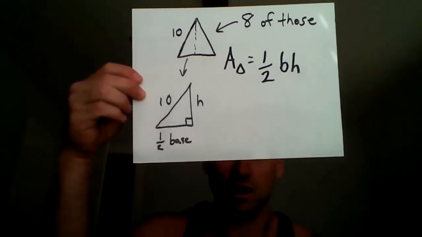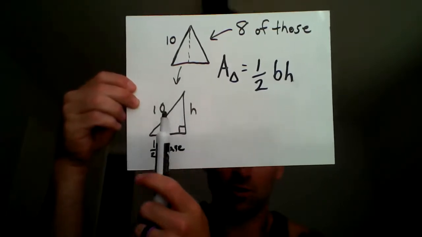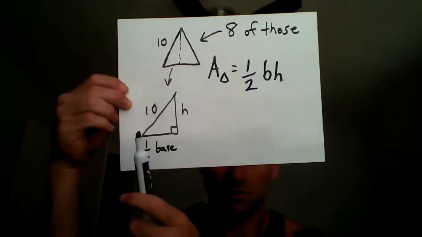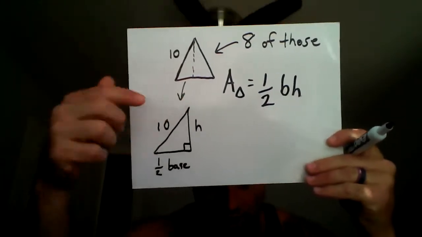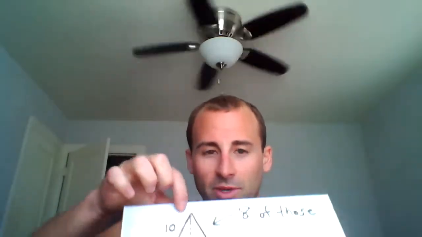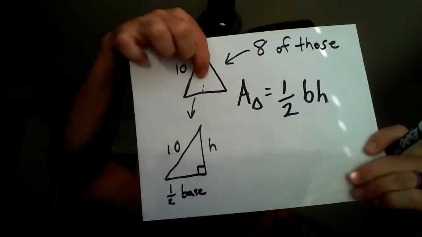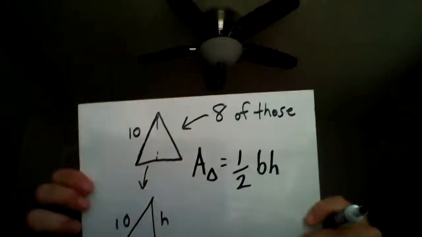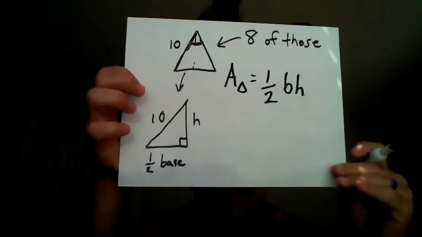So I'm going to just find the h first. But remember, we need one of these angles. In the beginning, we figured out there were 8 of these equivalent triangles in the middle. So does anybody remember how we find one of those 8 equal angles around the middle?